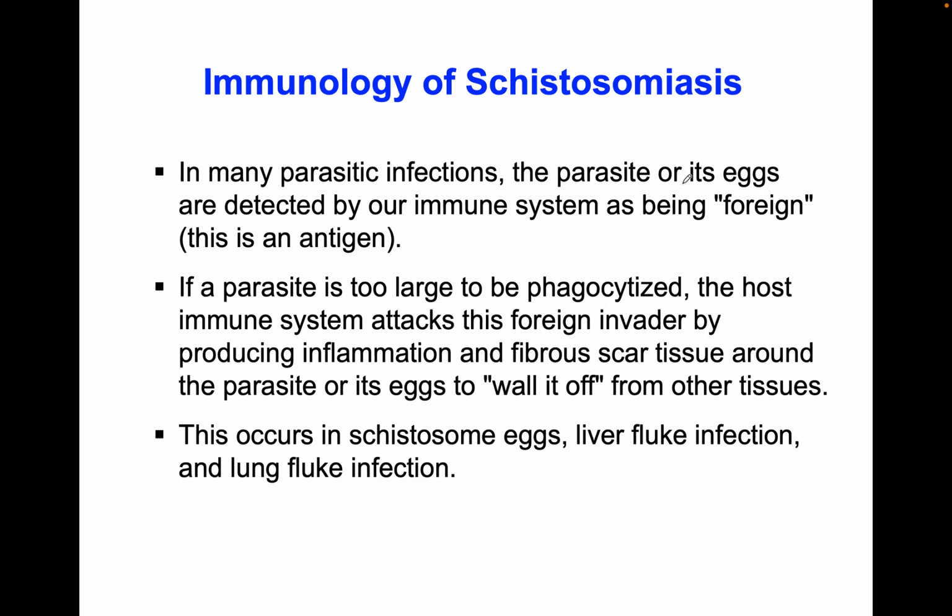And if the parasite is too large to be eliminated, the host immune system will attack this foreign invader by producing inflammation and fibrous scar tissue around the parasite or its eggs to wall it off from other tissue. This occurs with Schistosoma eggs, liver fluke infection, and lung fluke infection.